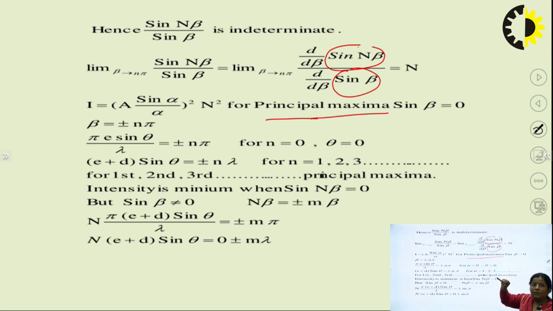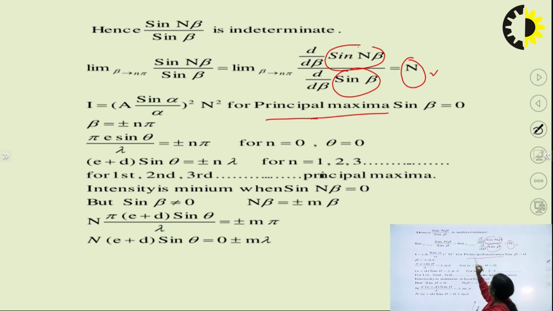When we put this, beta tending to n pi will give us this capital N, because for cos pi we have -1. So the minus signs cancel out, and that n part will be there. So this whole part, after applying the limit, will come out to be capital N.